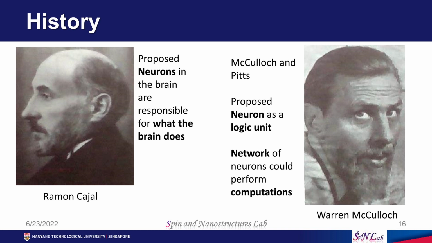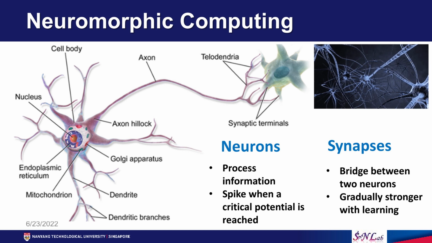Before we discuss further neuromorphic computing, which is brain-inspired computing, let's briefly see what the major components of the brain are, what they do, and how they are arranged to achieve the computation. We don't exactly know how the brain does the computation, but scientists know that the brain has neurons and synapses.